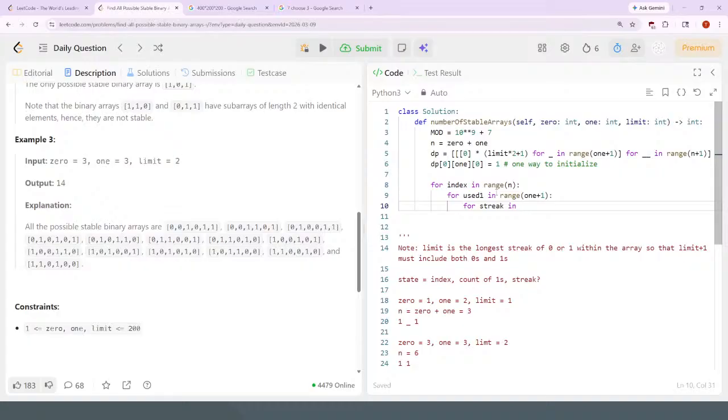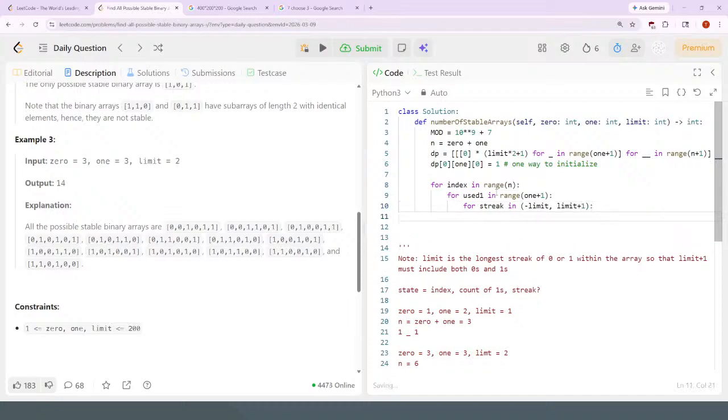Actually, I think maybe I should use negative of limit to limit plus 1, because negative limit is referring to a streak of zeros.